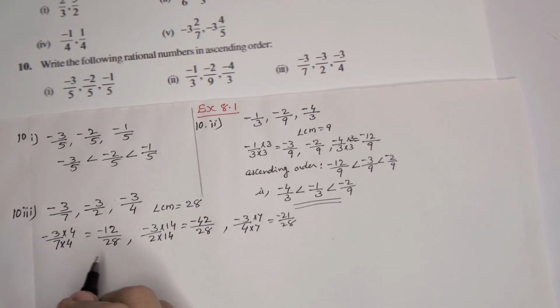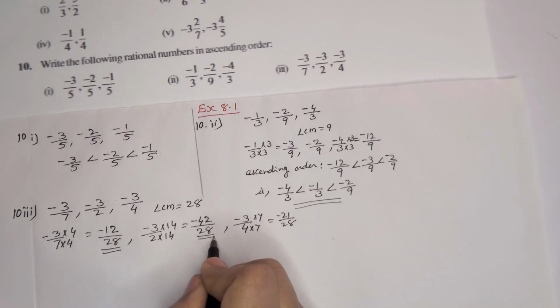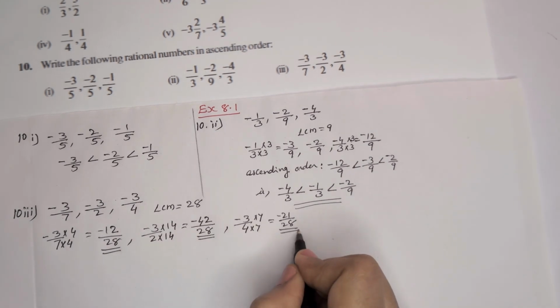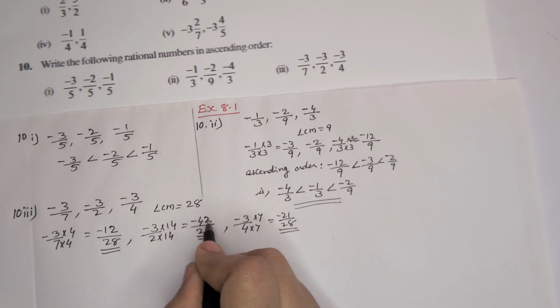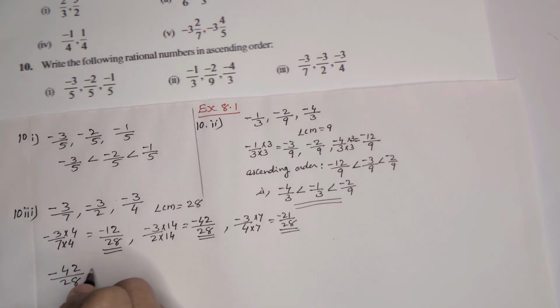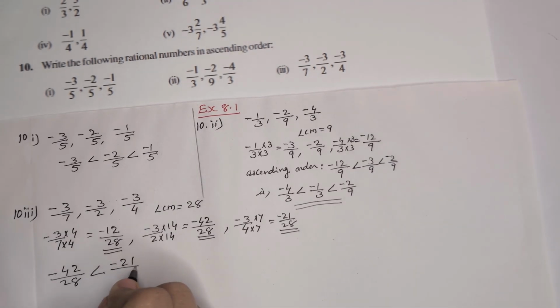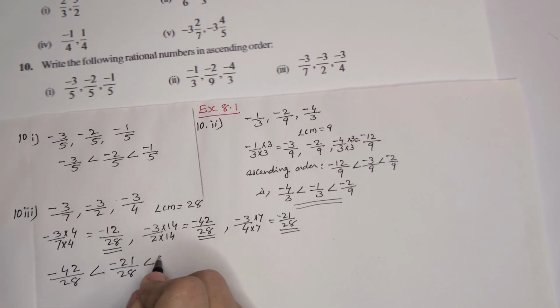So we are getting the numbers minus 12 by 28, minus 42 by 28, minus 21 by 28. The smallest one is the one with the bigger number in the numerator, so minus 42 by 28. Then comes minus 21 by 28 and then minus 12 by 28.